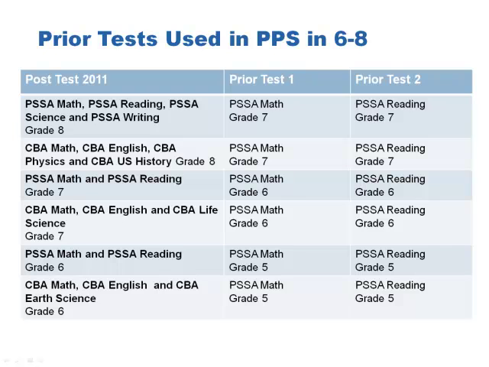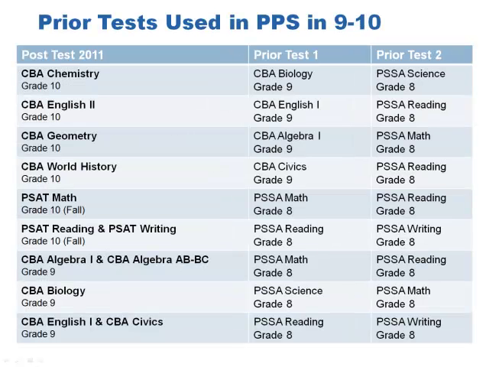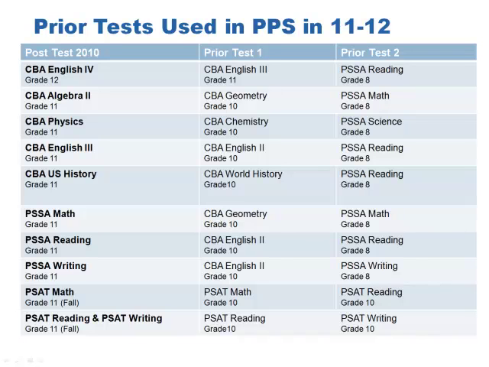These are the prior tests used to predict performance in grades 6 through 8 in Pittsburgh Public Schools. These are the prior tests used to predict performance in grades 9 and 10. And these are the prior tests used to predict performance in grades 11 and 12 in PPS.